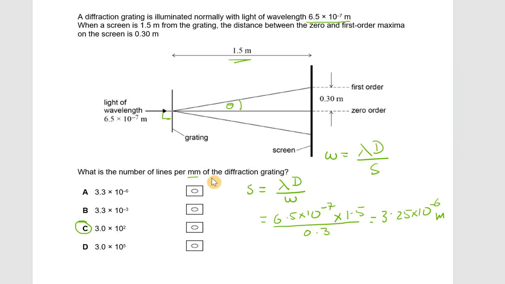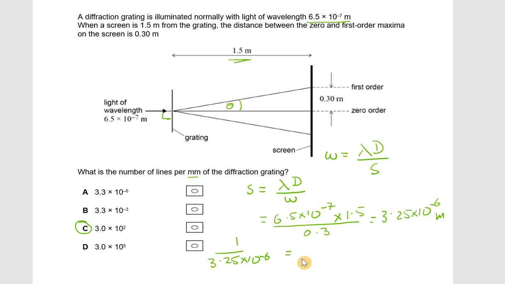What I want to find is how many slits there are per millimeter. To find how many slits there are per meter, I just need to take 1 over that value.